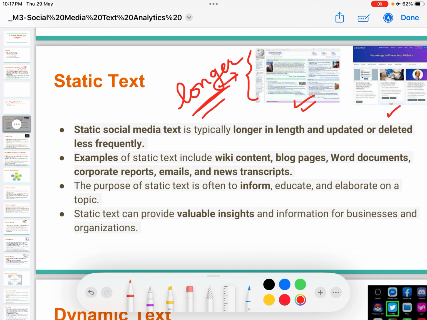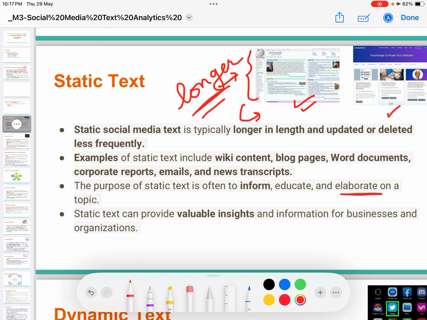If you want to update, you update it, but suppose it is about historical data, or about some movie review, then these contents are not generally updated or deleted. They are deleted very less frequently. The purpose of static text is often to inform, educate and elaborate on a topic.